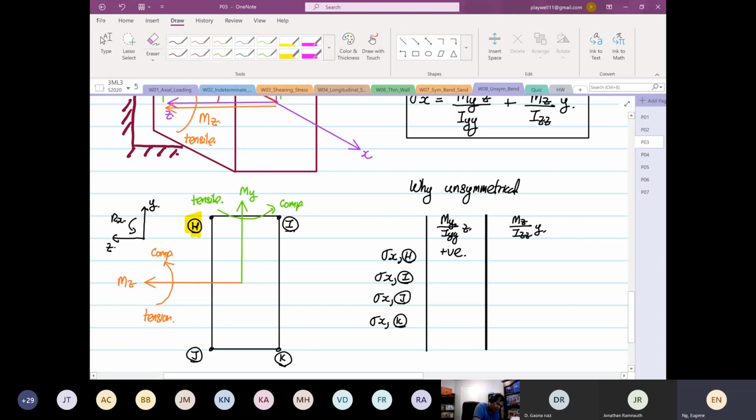MY will be tensile and MZ will be compression. So this will become what? Negative. Next, we look at I, right? MY will be what? Compression. Then MZ will also be what? Compression.